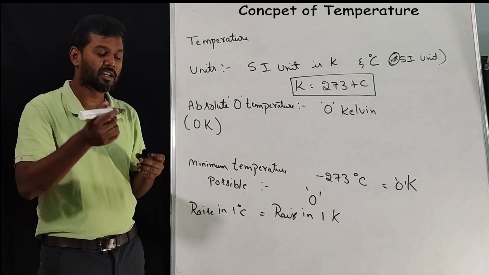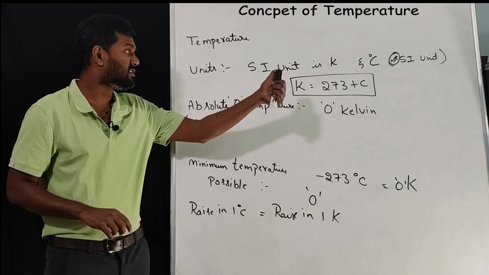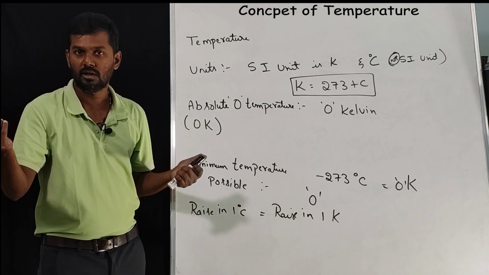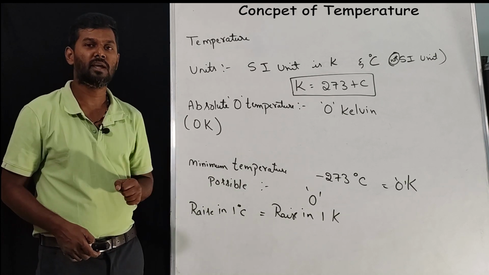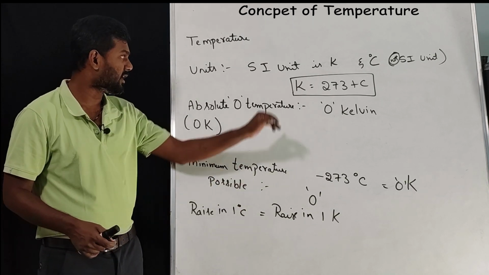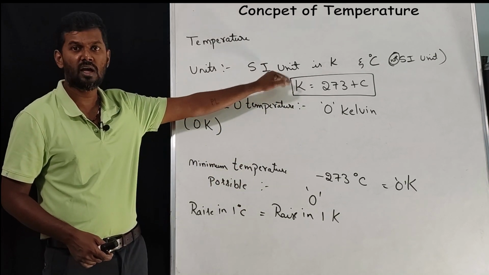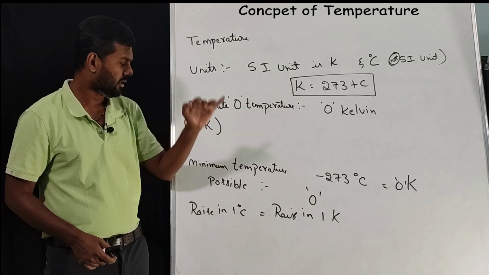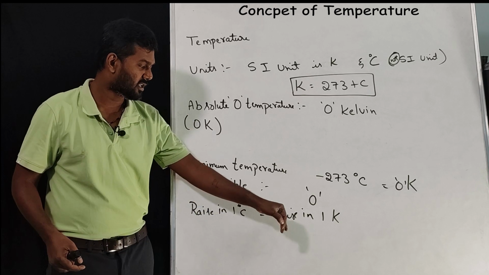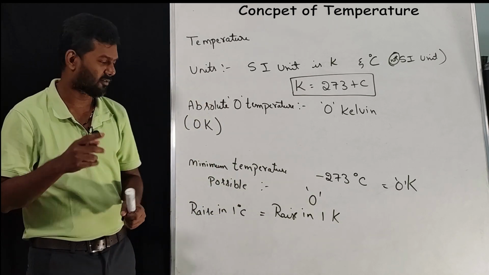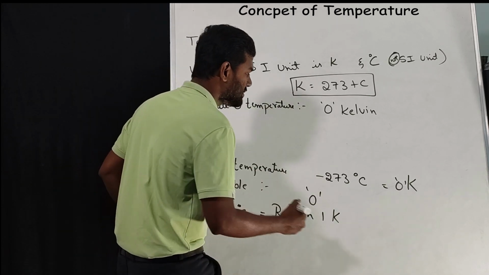Rise in 1 degree Celsius is different, Celsius equal to Kelvin is different. This doesn't mean 1 degree Celsius is equal to 1 Kelvin. This tells us how much rise in 1 degree Celsius will result in rise in 1 Kelvin. I'll give you one example, then you will understand.